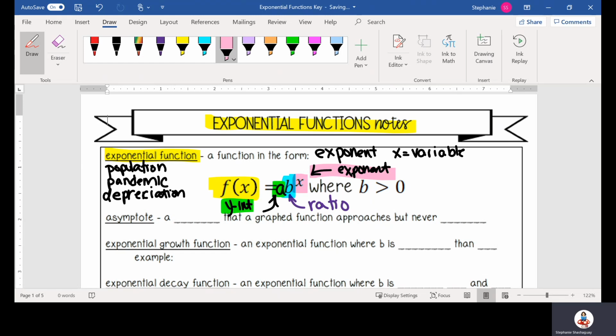Okay? And the reason why b has to be greater than 0 is because 0 to any power is still going to be 0. So we always say that b is going to be greater than 0. That means also that you will not have a negative number.